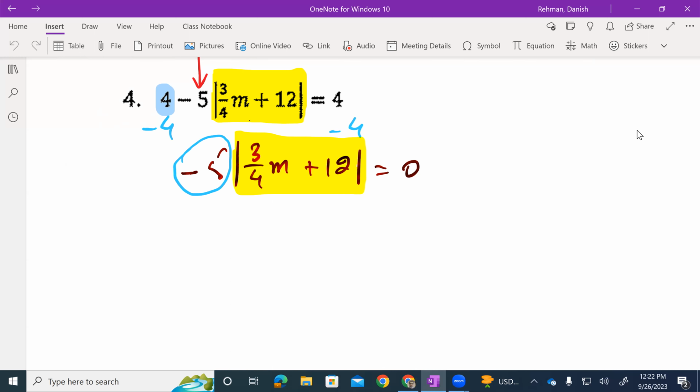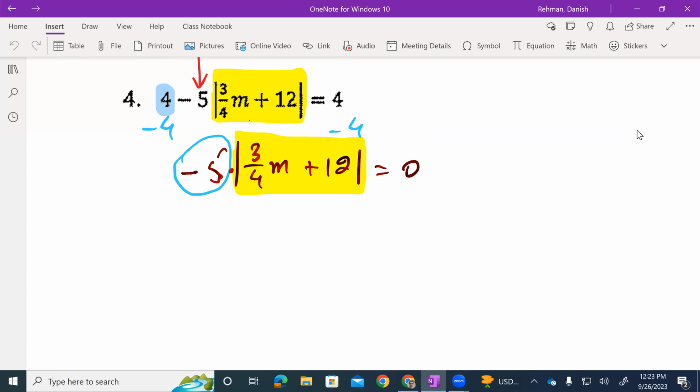This blue circle 5, what is its operation with my yellow highlighted term? Is it added, multiplied, divided, or subtracted? It's multiplied. Whenever you do not see an operation, that's definitely a multiplication.